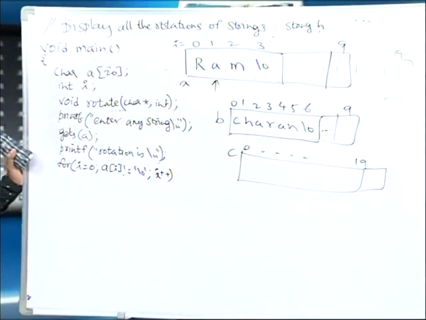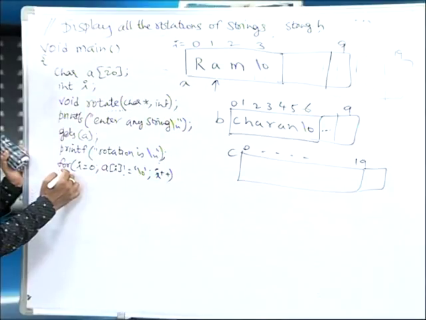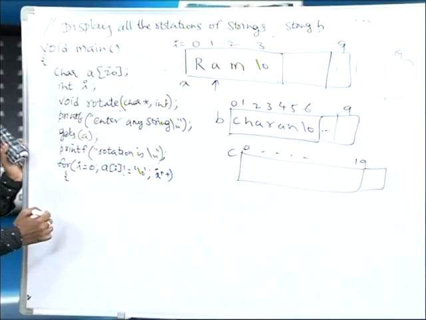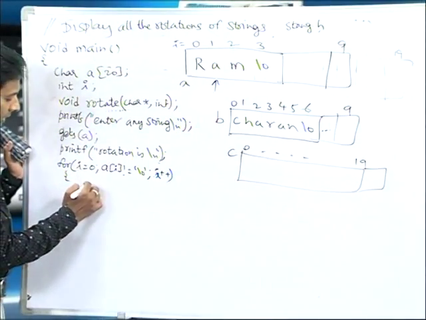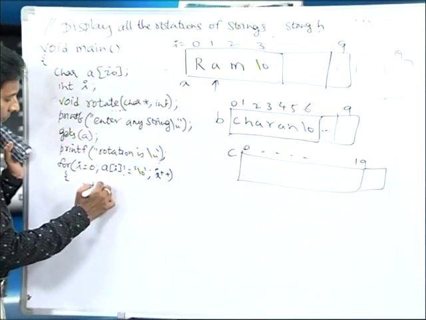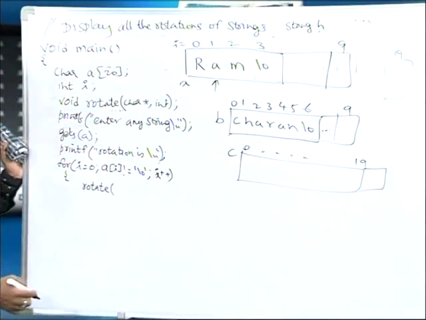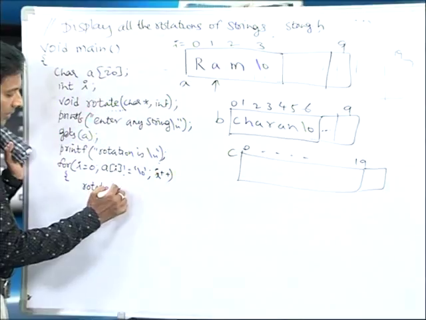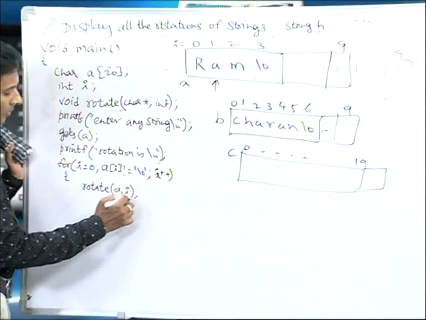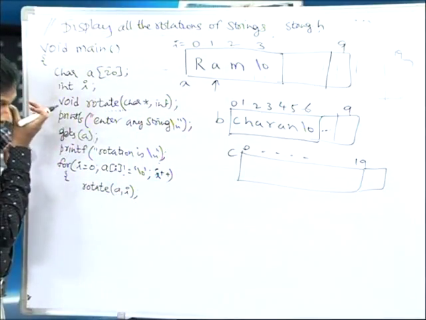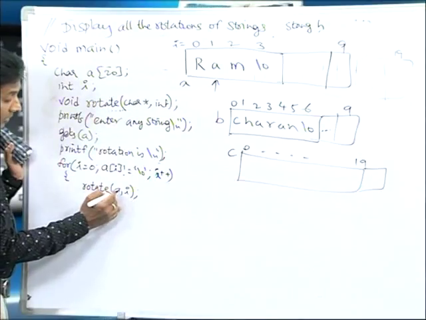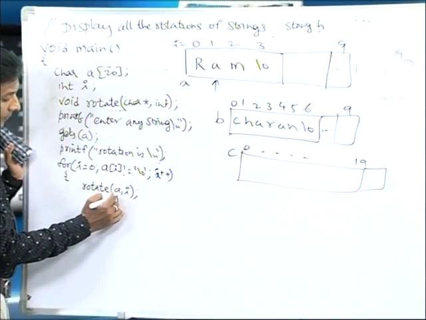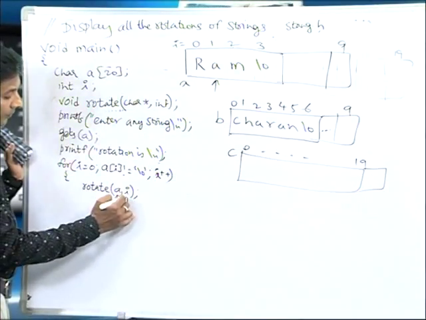So now we are calling the function rotate. I am sending a comma i. The meaning of this one is the base address, and this is the index.